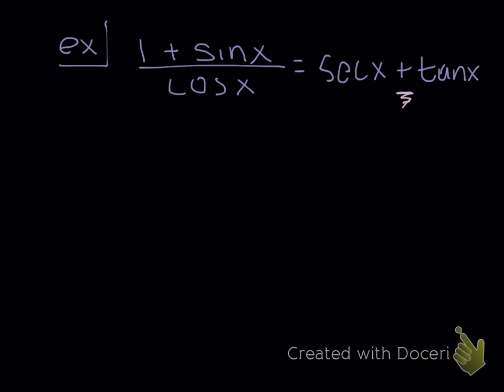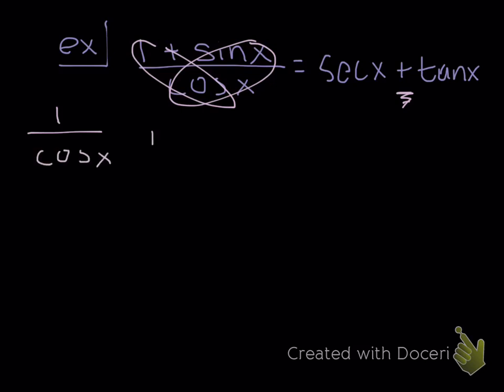So when you split a fraction up, these are both being divided by cosine. So think about what a step would look like before when we had common denominators. Like if they both had common denominators, we keep the denominator and add the numerator. So we're kind of doing the opposite here. We're splitting it up. So if I were to split this up, I'd have 1 over cosine of x plus sine over cosine of x.